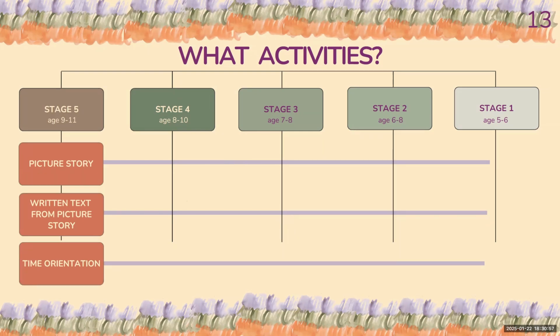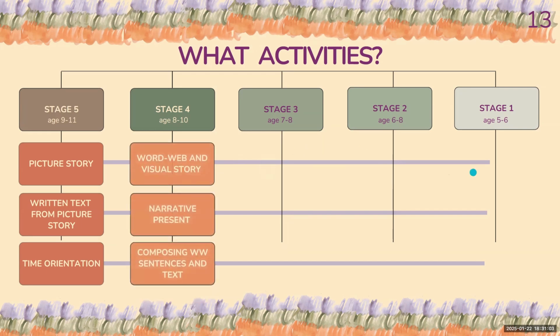So in order to be able to get to this stage 5, children need to have the prior knowledge to learn the parts of speech. We do that through the tool called word web and the visual story.